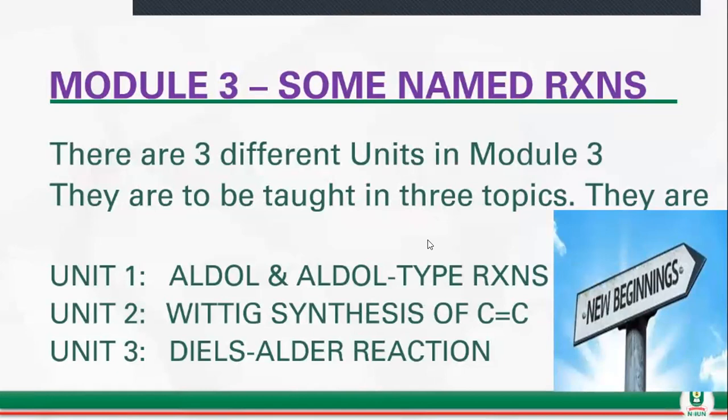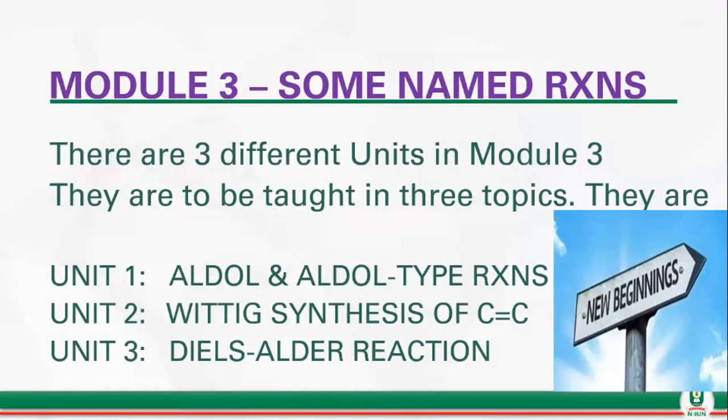Today we are going to unit 2 of module 3, with the specific title Wittig synthesis of carbon-carbon double bond. That is, using the Wittig reagent as a very valuable synthetic tool for olefination.